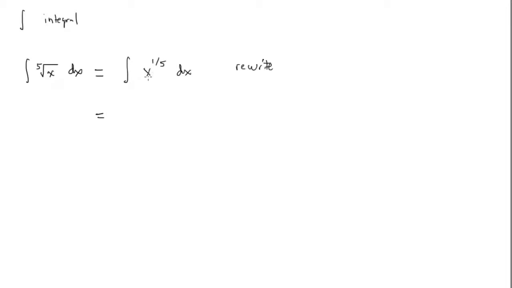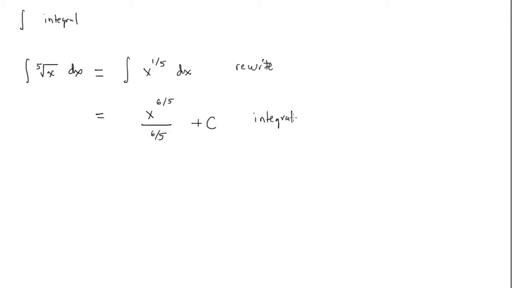So the derivative of x to the fifth, we'd bring the power down and take 1 away from the power. So the antiderivative, the integral, we need to add 1 to the power, and adding 1 to 1/5 gives me 6/5, and then I need to divide by this new power plus some mystery constant.